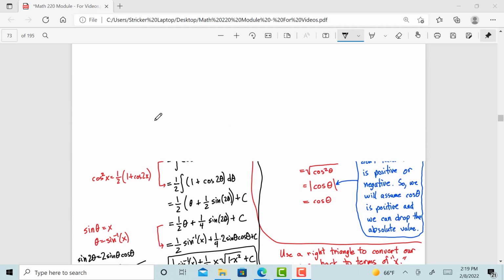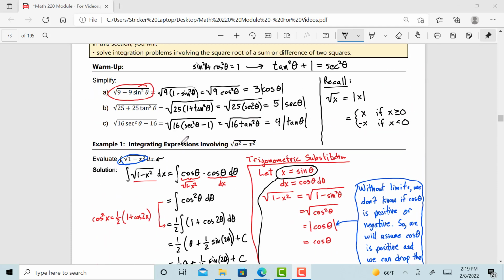So if we go back and look at the warm-up, when you have something squared minus a constant, that's going to be like what we have here in C. And notice the key to simplifying that is that we had to have the same constant in front of the secant as we did by itself so that we could factor that 16 out of both terms.